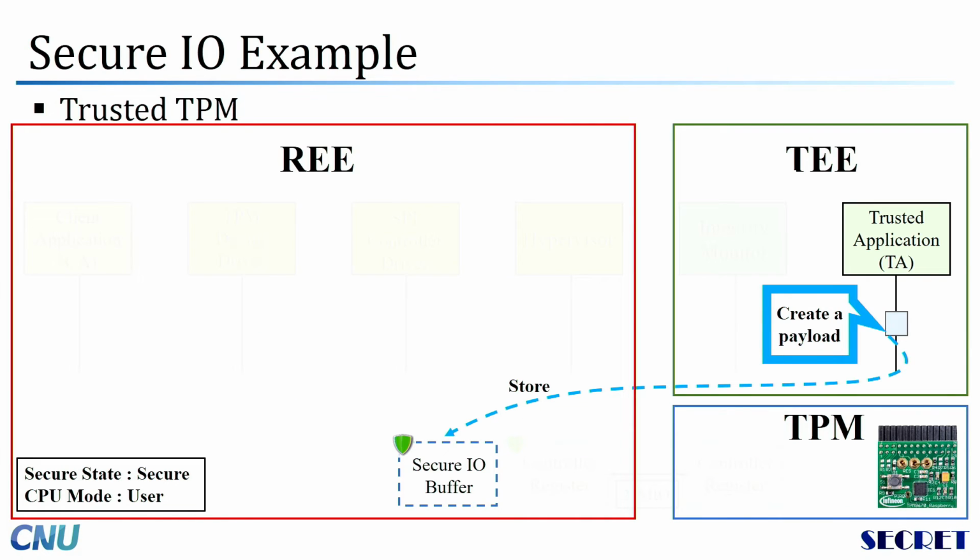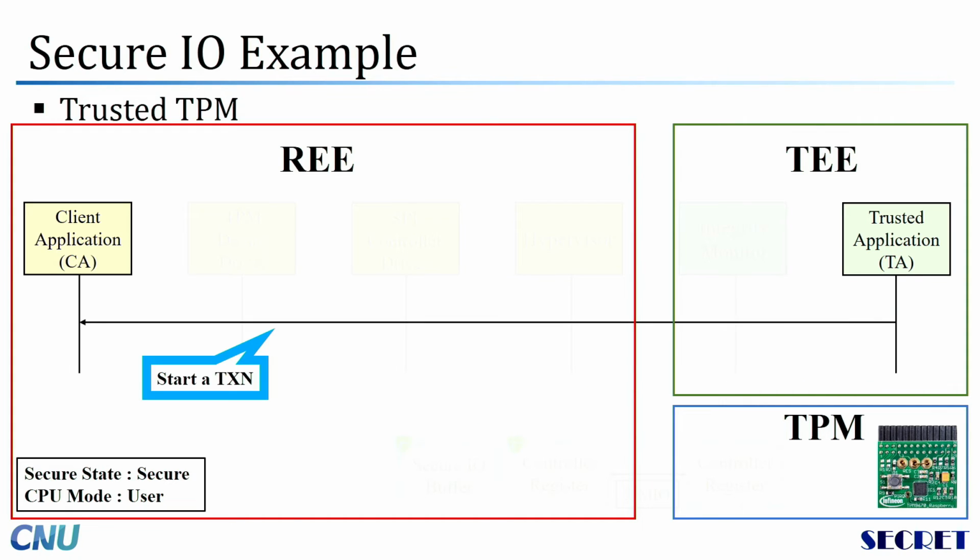In our example scenario, the TA communicates with the hardware TPM chip. First, the TA creates the TPM command and stores it in the secure memory allocated in the hypervisor region. The TA notifies the CA that the payload is prepared and a new transaction can be started.